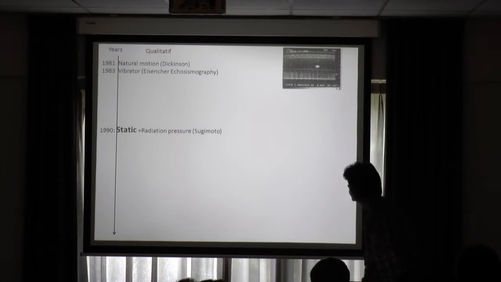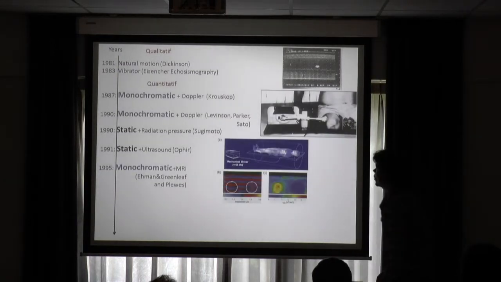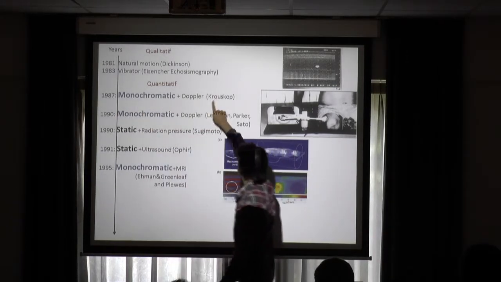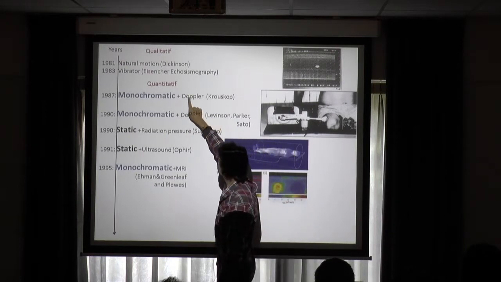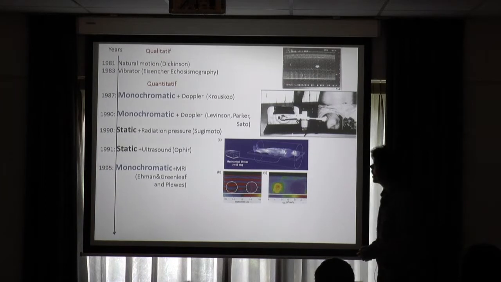So I won't go through all the history of elastography. I will just mention this date, because in 87, Krouskop was the first to use ultrasound Doppler together with monochromatic vibration at low frequency, and he was able to follow for the first time the shear waves, and it is mentioned in his paper.